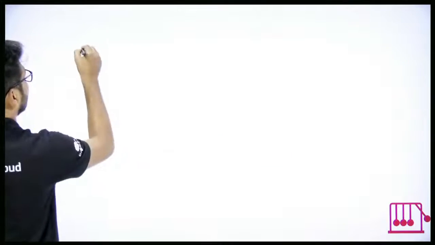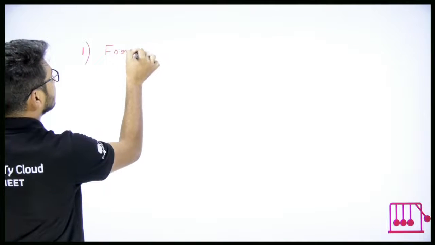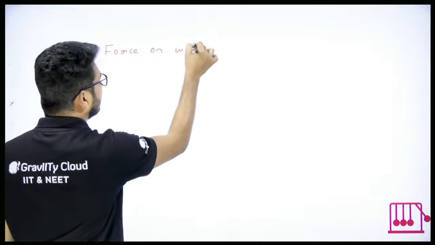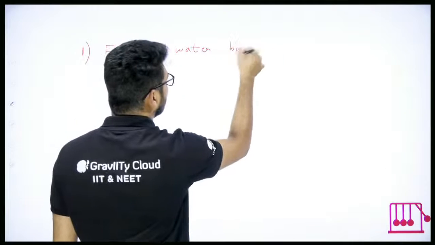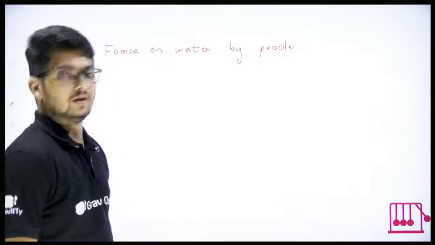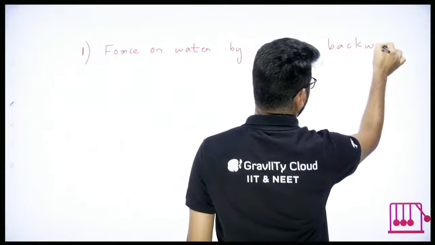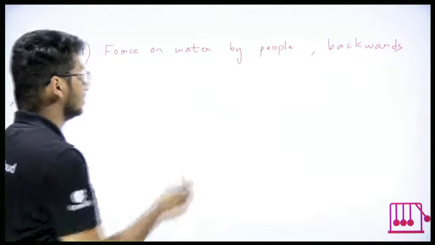So how are the forces acting? Again, I can write first force. You can say force on water by people. In which direction? Let's say backwards. Right. If I want to go forwards, I push the water backwards.